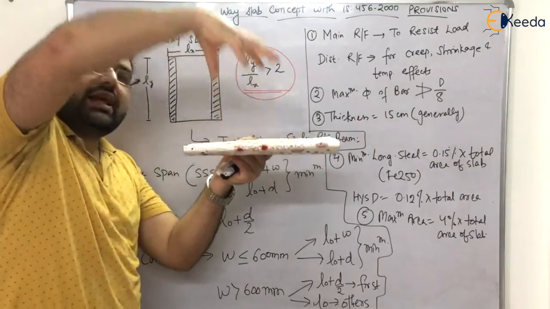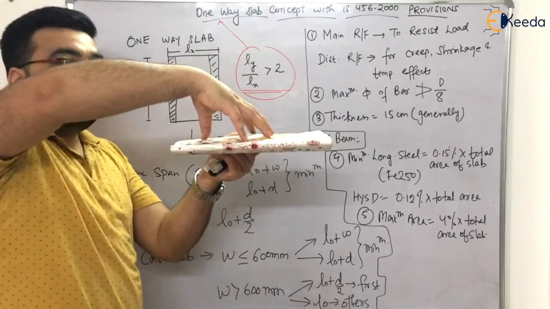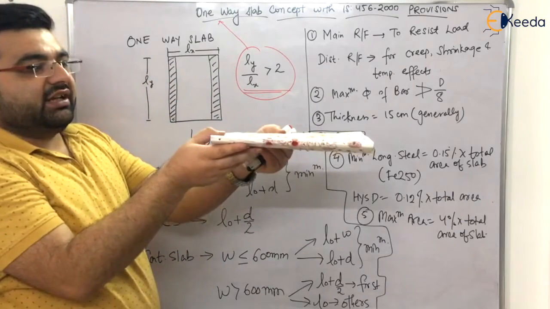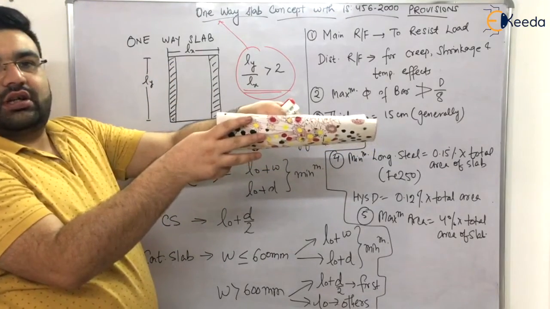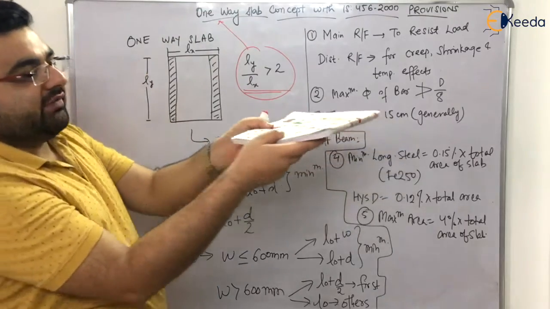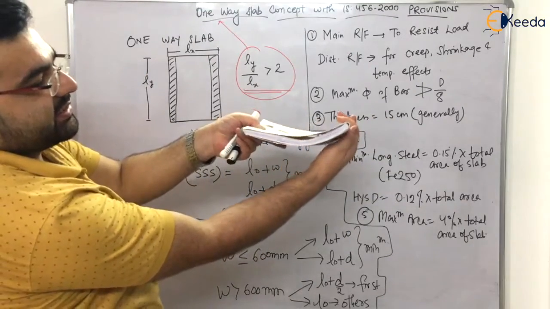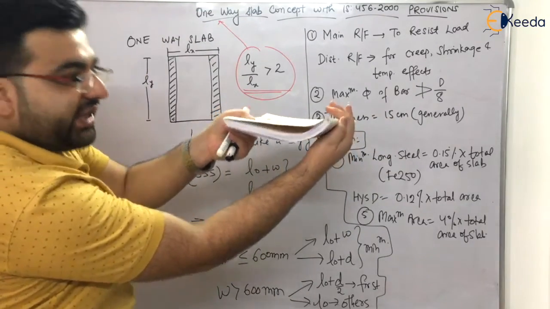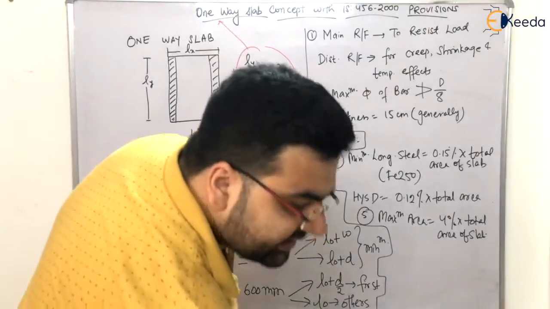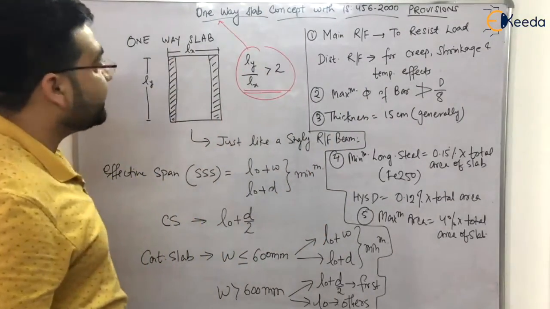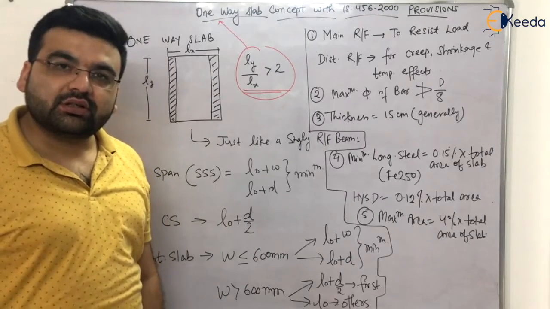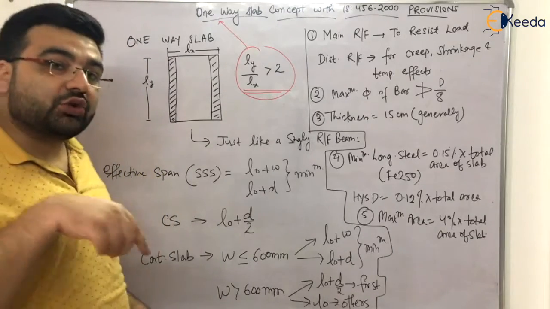If some load is applied on the hall, then how will be the deflection? It will deflect like this. If you take it from the side view, it will deflect like this. Understand? So these types of slabs are known as the one-way slabs. So I hope that you have understood the one-way slab.